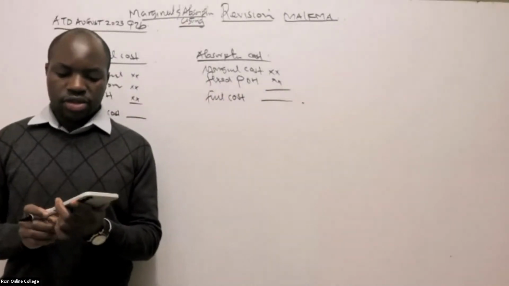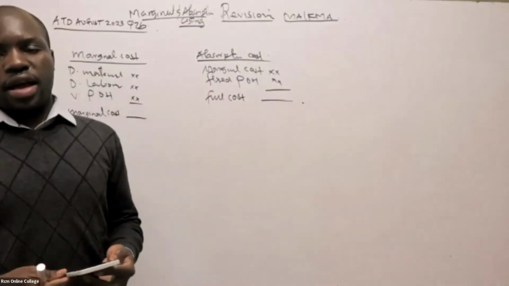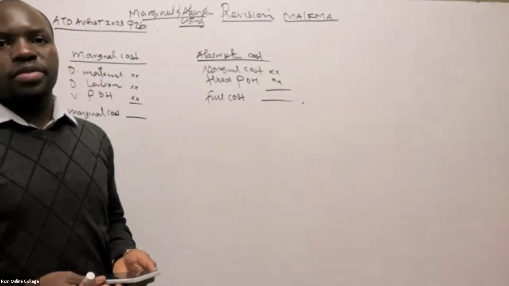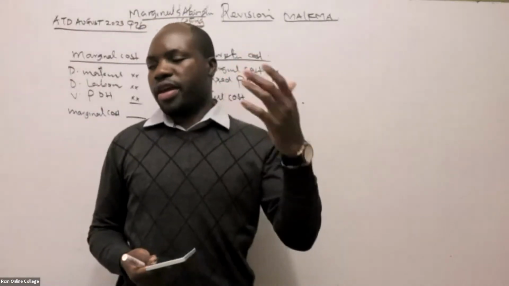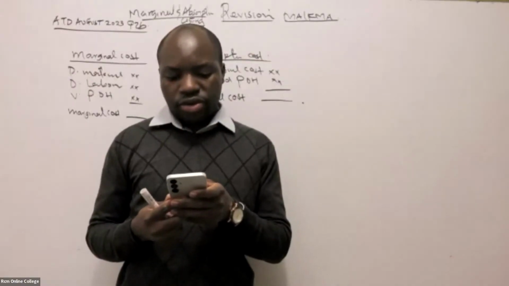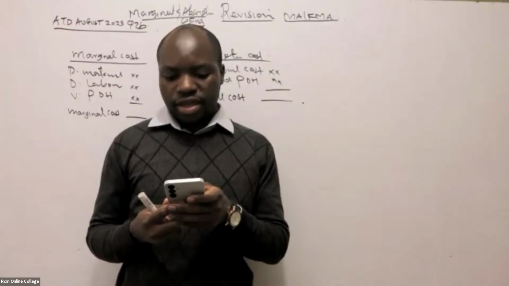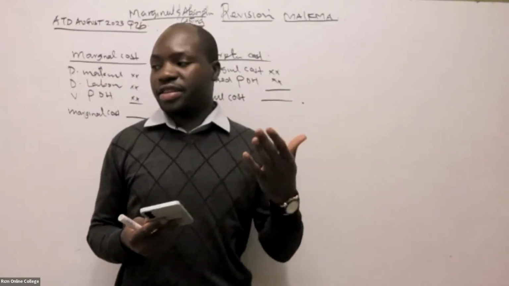So the examiner has not given us budgeted production. And if you're not given budgeted production, we assume that what is given there is budgeted and is also equal to the actual. So when you look at the cost given there, the material cost is 7,200,000 for 30,000 units.